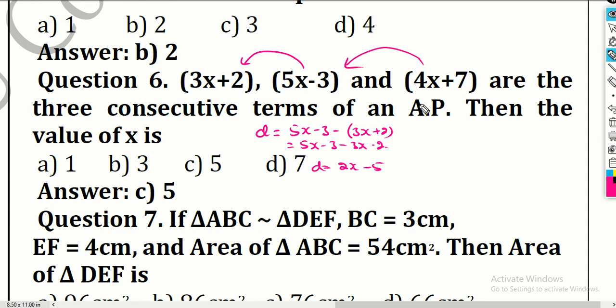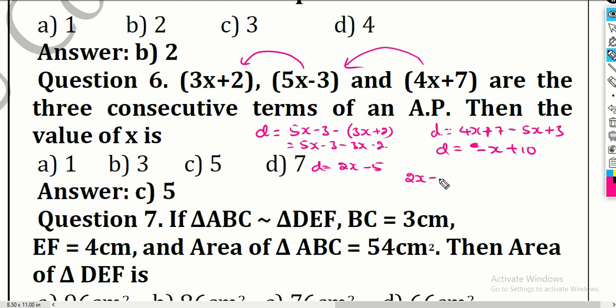And then from the next two we have to find the value of D. That is 4x plus 7 minus of 5x minus 3, which gives minus x plus 10. So both D are equal.